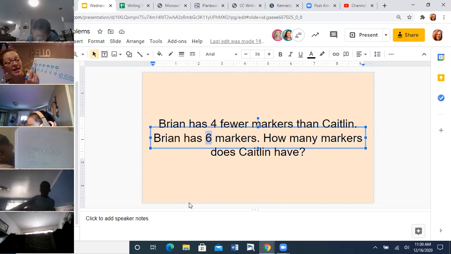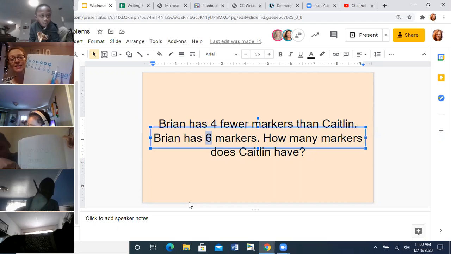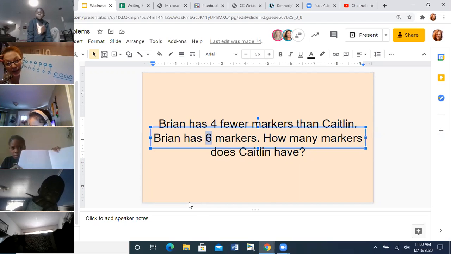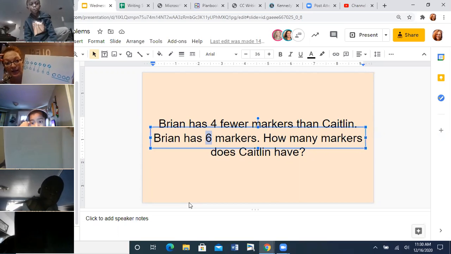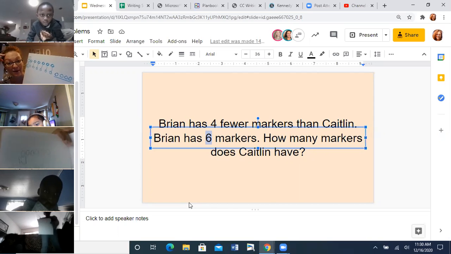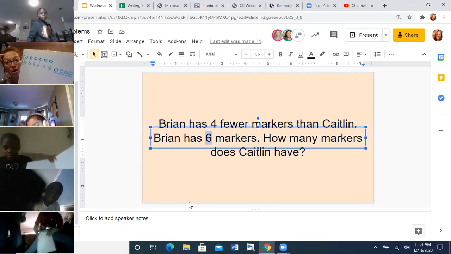Because this means Brian has 4 fewer because he's missing 4. If we didn't read this carefully, we would have subtracted. But this isn't a subtraction problem. This almost tricked us. Whoa.